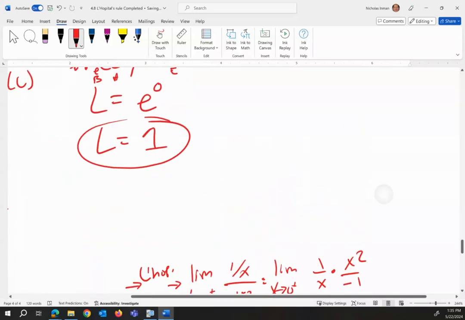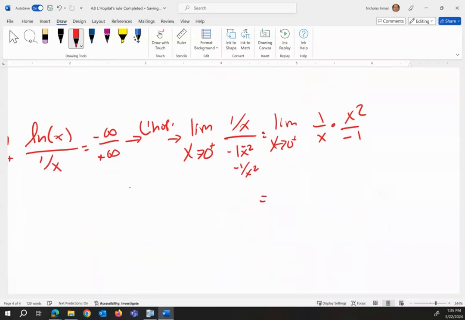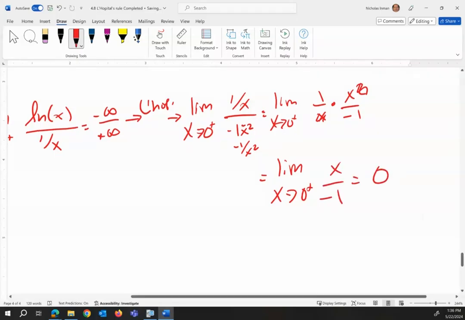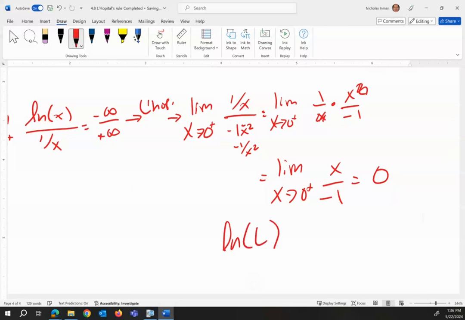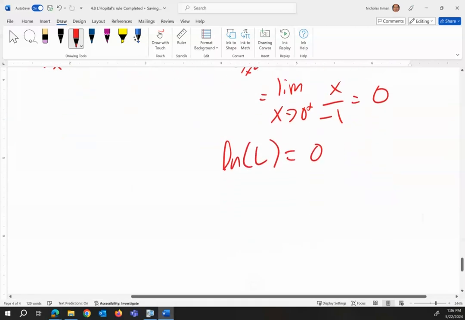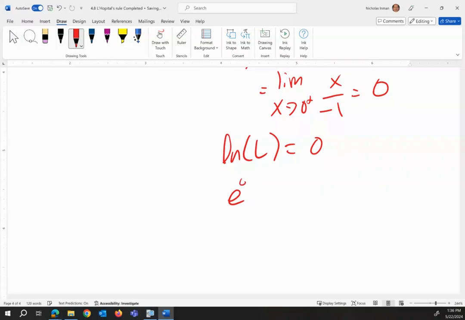Same change flip. So our x and our x squared. And so we wind up with 0. Okay. Again, the natural log of our limit is 0. So our answer is e to the 0 equals L. So L is 1. All right, and our Desmos graph should agree with that.